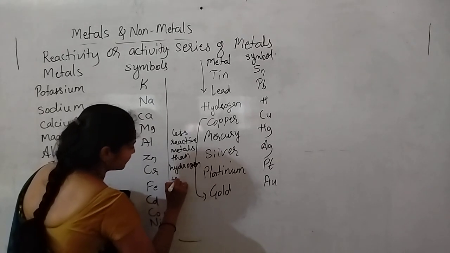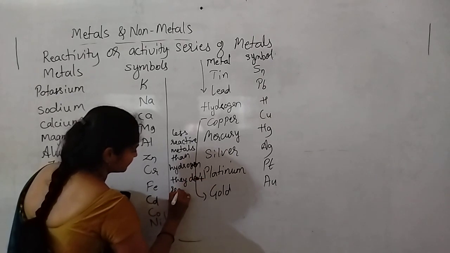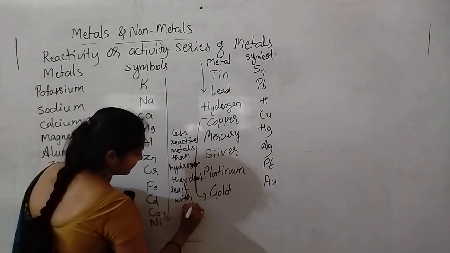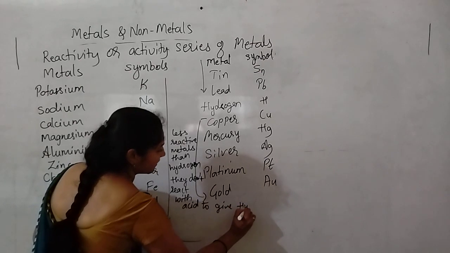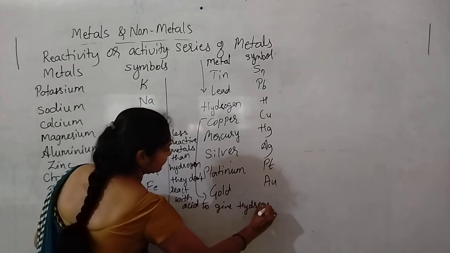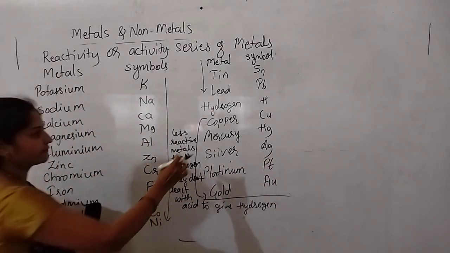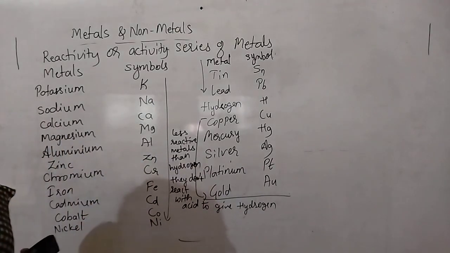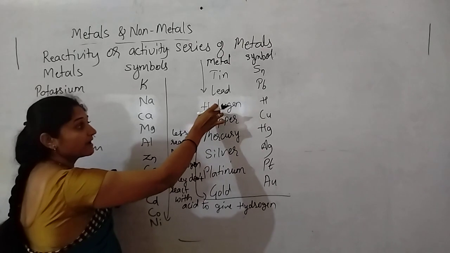Next, they do not react with acid to give hydrogen. Especially from copper to gold, these metals are very less reactive compared to hydrogen.